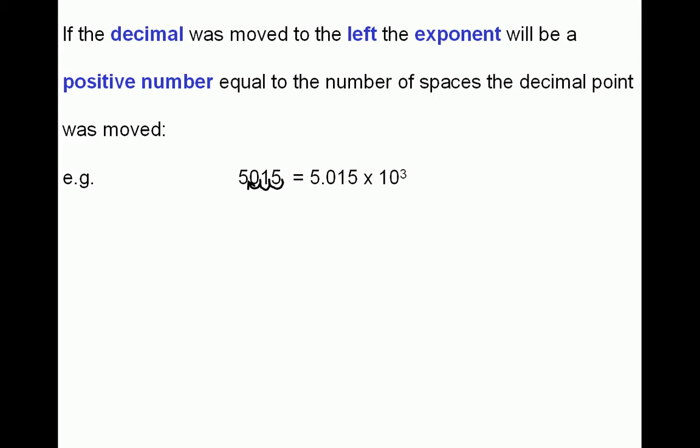If the decimal was moved to the left, the exponent will be a positive number equal to the number of spaces the decimal was moved. So in this case, the exponent will be 3 because I moved the decimal point 1, 2, 3 spaces to the left. And then here we have our coefficient with just 1 digit to the left of the decimal point.